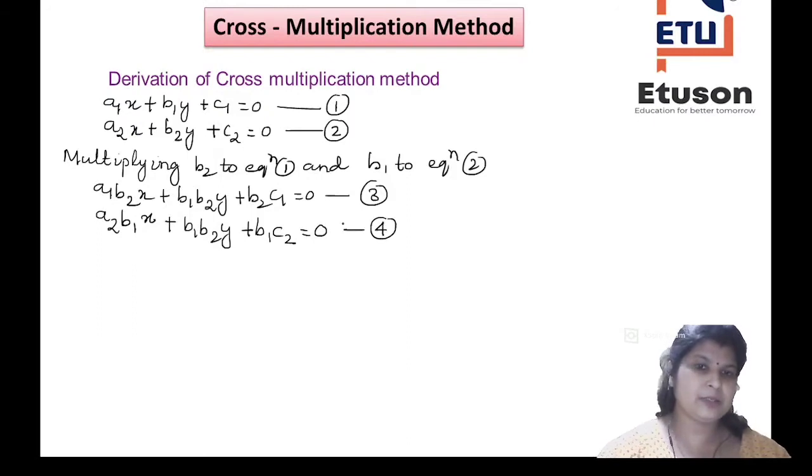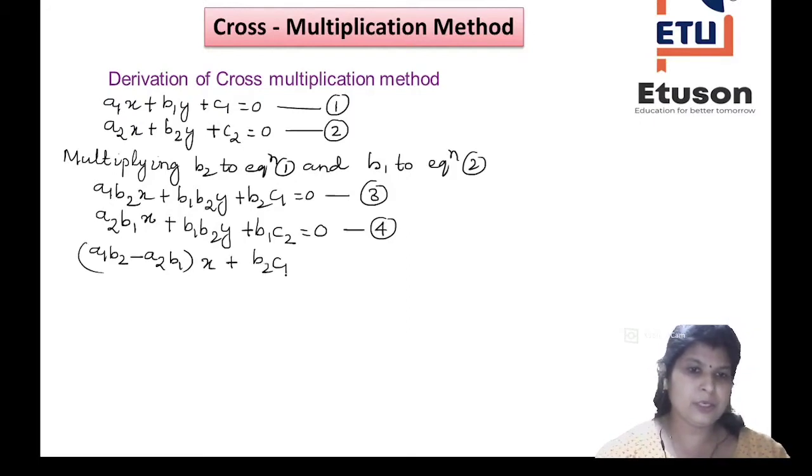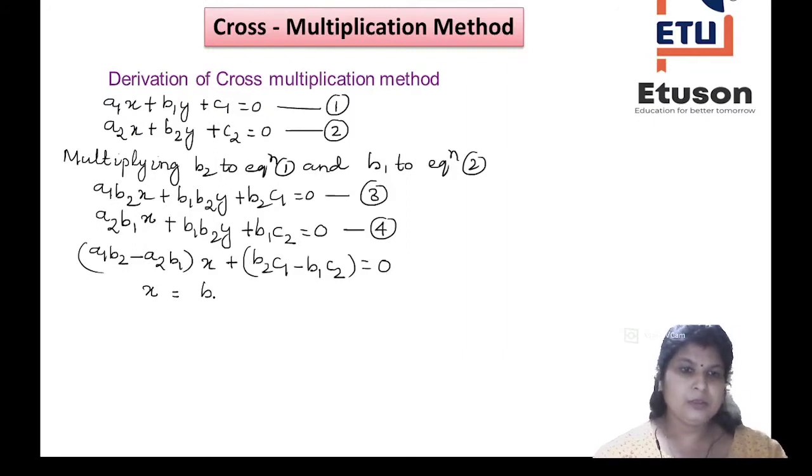Now you subtract. By subtracting, what will you get? You will get (a1 b2 minus a2 b1) into x plus (b2 c1 minus b1 c2) is equal to 0. Correct or not? So can I write x is equal to minus of (b2 c1 minus b1 c2) divided by (a1 b2 minus a2 b1)?